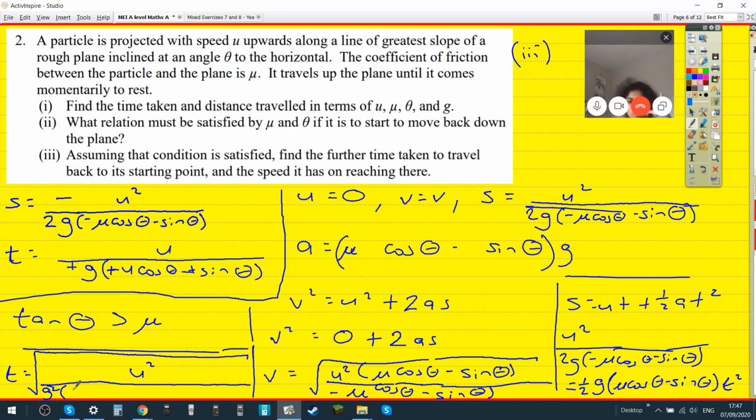So it gets 2u squared over 2g. The 2s cancel each other out. Right. And then g, mu cos theta minus sine theta. That's it. And the time would be positive. Yeah, that's it.